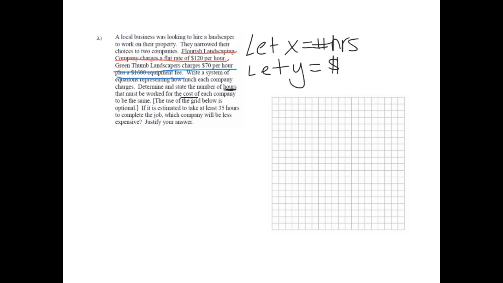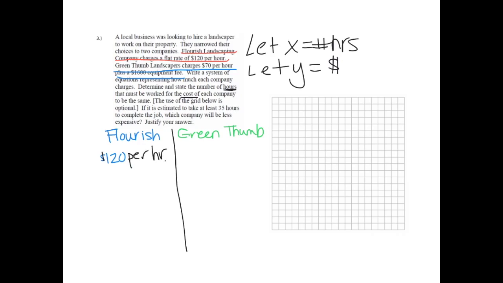All right, so we have one thing for Flourish and one thing for Green Thumb. So I'm just going to organize my paper. So I know that Flourish Landscaping charges a flat rate of $120 per hour. Okay, iPad, just switch the color on me, why don't you? $120 per hour.